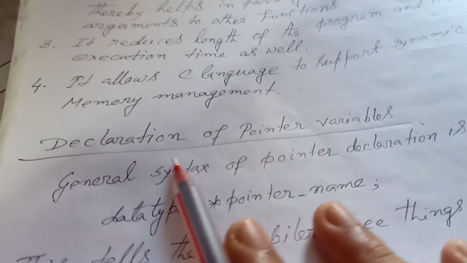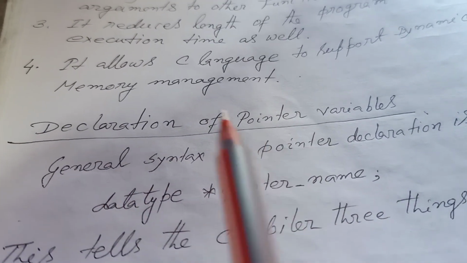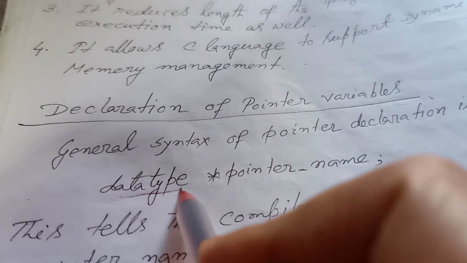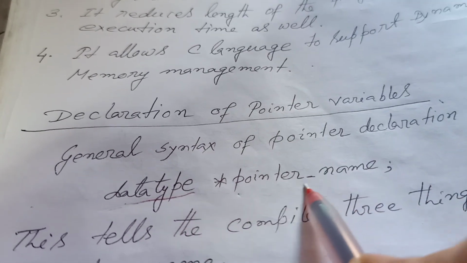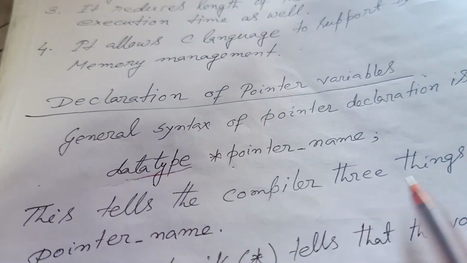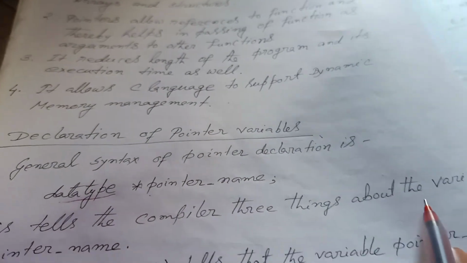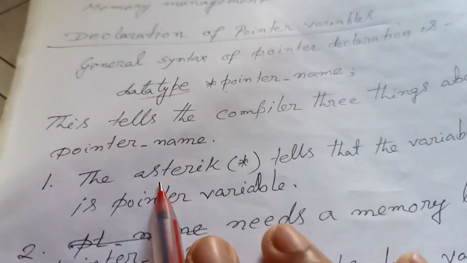Now let's take a look at the declaration of pointer variables. The general syntax is: first we write the data type, then an asterisk, then the pointer name. This tells the compiler three things about the variable pointer name. What are the three things?